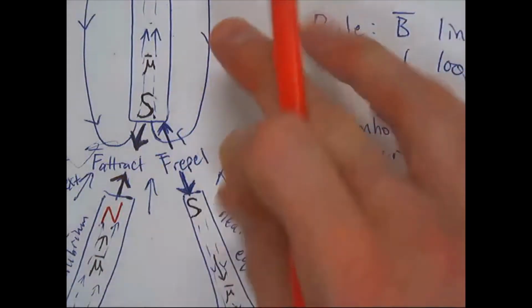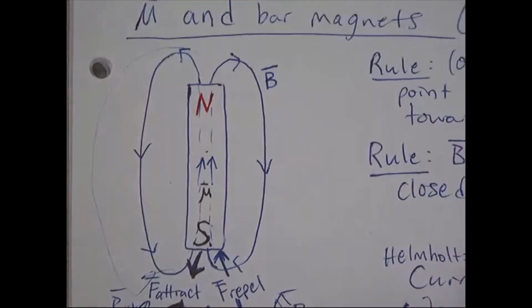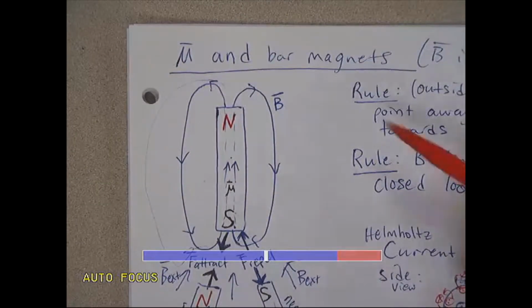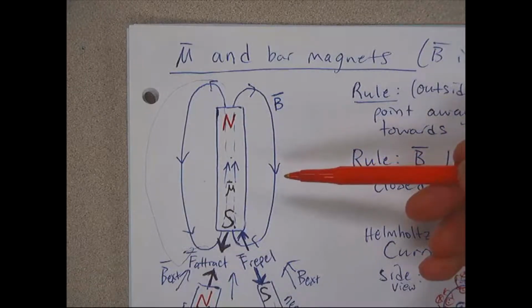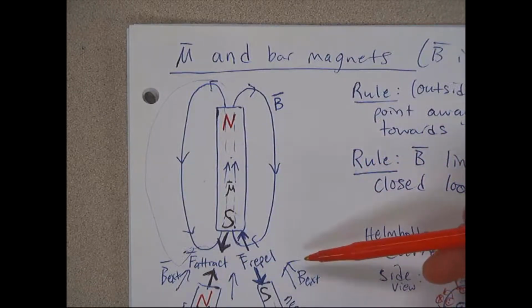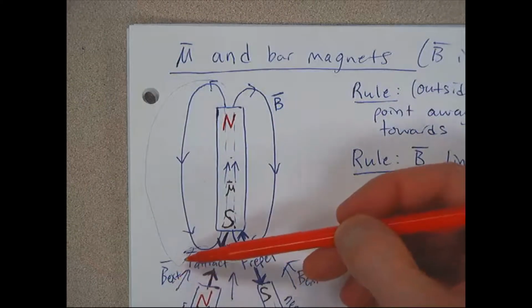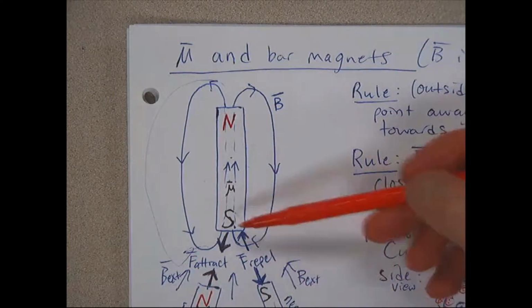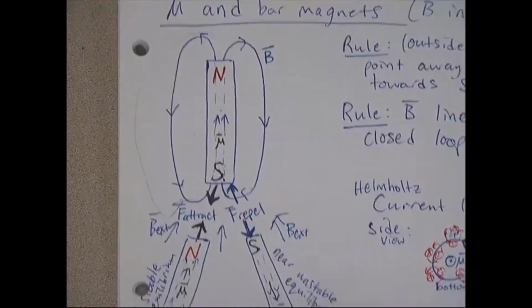If we treat this first magnet here as the source of some external magnetic field, it points this way in this vicinity towards the south pole, following our rule.